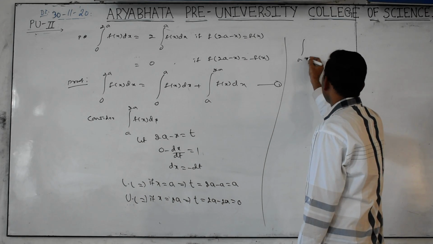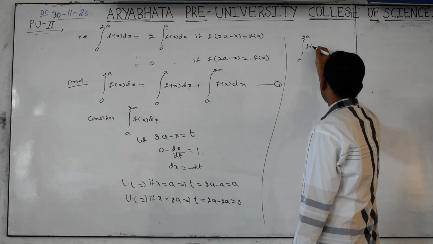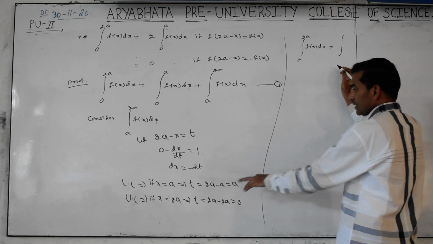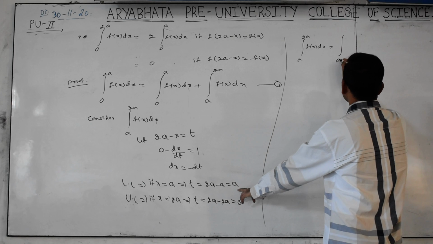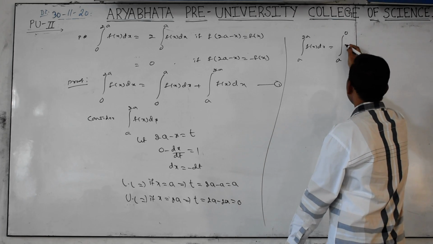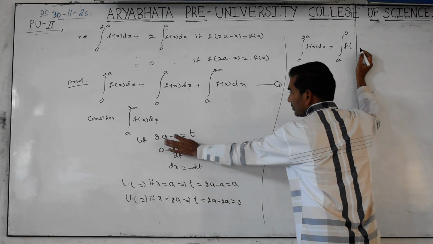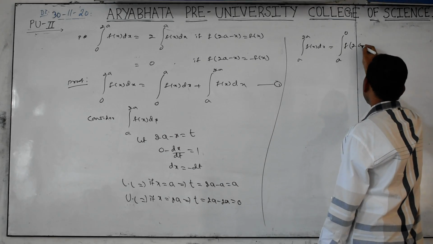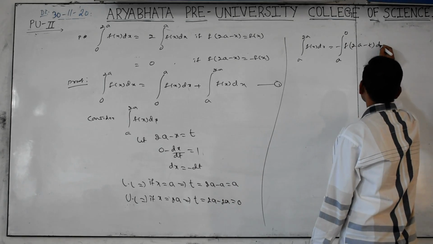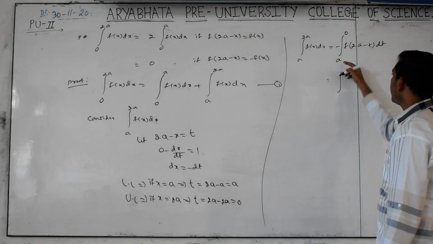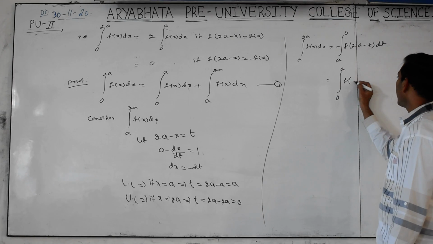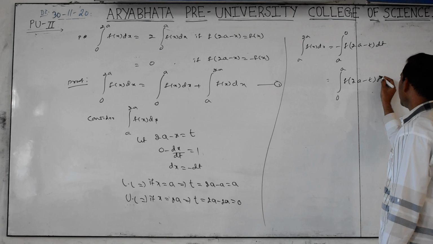Now integration of a to 2a f of x dx equal to integration of, the lower limit is a, upper limit is 0. f of x is equal to f of 2a minus t, dx is equal to minus dt. Interchange the limits, then 0 to a, minus becomes plus, f of 2a minus t dt.